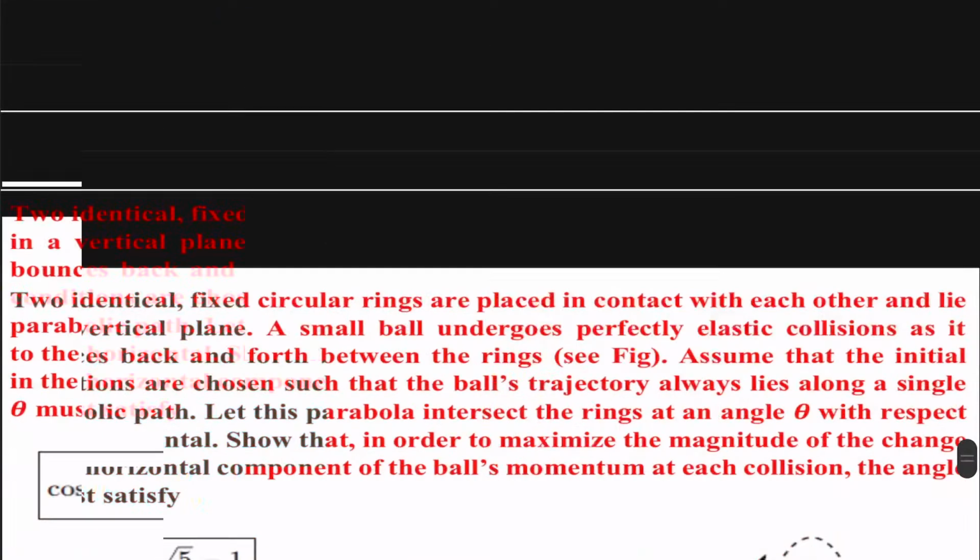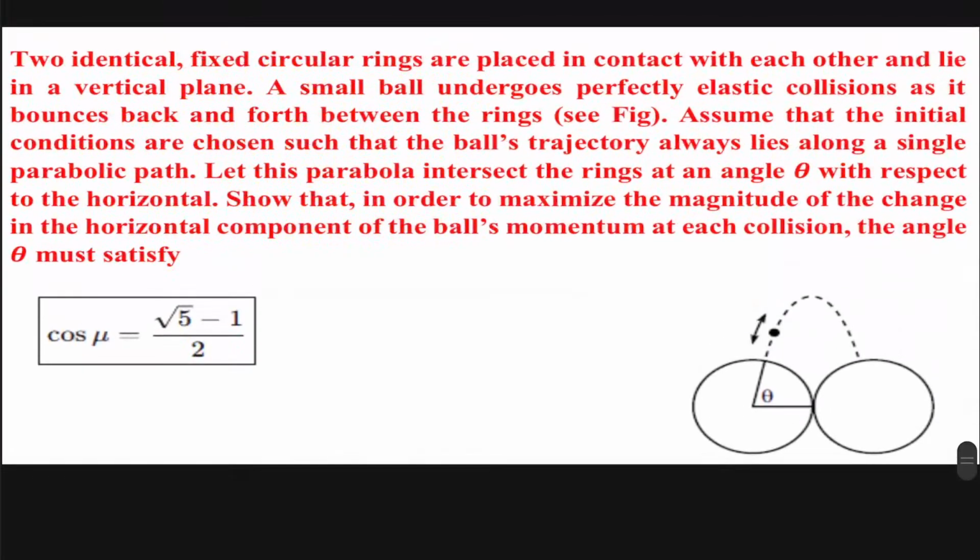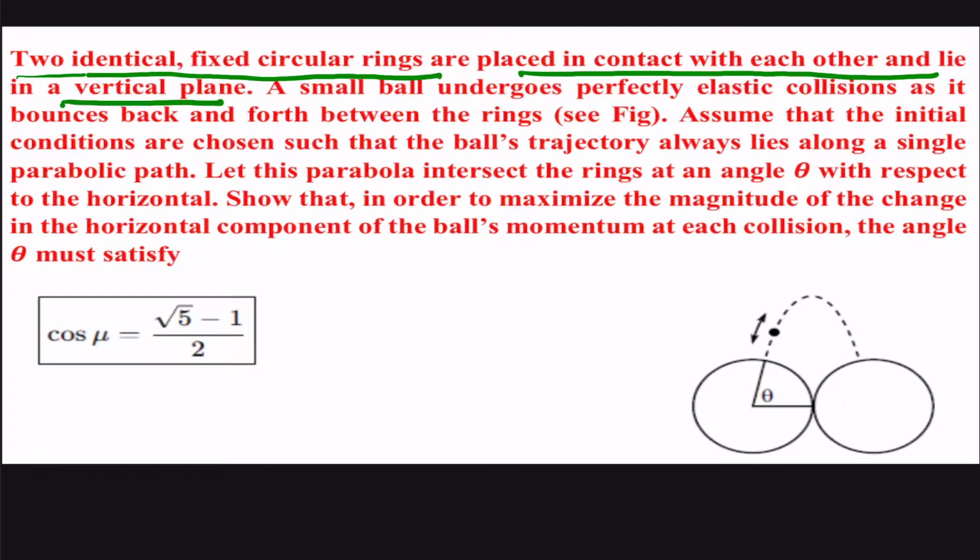And we come to the next question, and it states that two identical fixed circular rings are placed in contact with each other, lying in a vertical plane. A small ball undergoes perfectly elastic collision as it bounces back and forth between the rings, as in the figure.